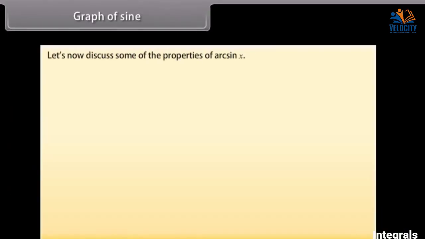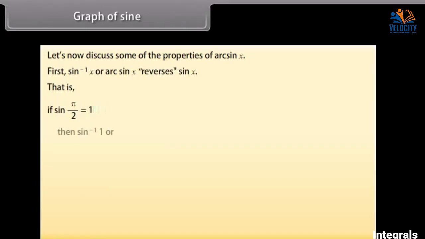Let's now discuss some of the properties of arc sin x. First, sine inverse x or arc sin x reverses sine x. That is, if sine pi by 2 is equal to 1, then sine inverse 1 or arc sin 1 is equal to pi by 2.